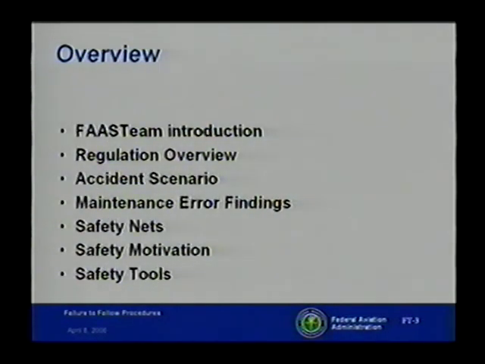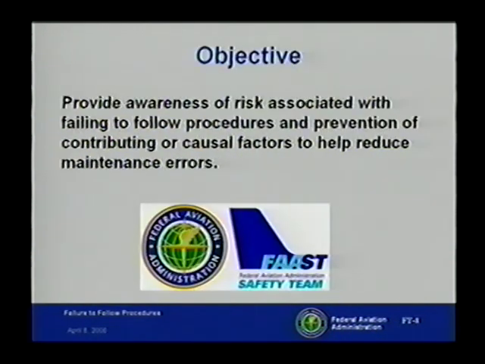a little bit of introduction to failure to follow procedures. We're going to go over some causal factors, then also some maintenance errors. A bit of an overview. Like Kathleen told you, I'm with the FAA safety team. We're going to go over some regulations involving some of the maintenance procedures, an accident scenario, maintenance error findings, the aviation safety net, safety motivation, and some safety tools.